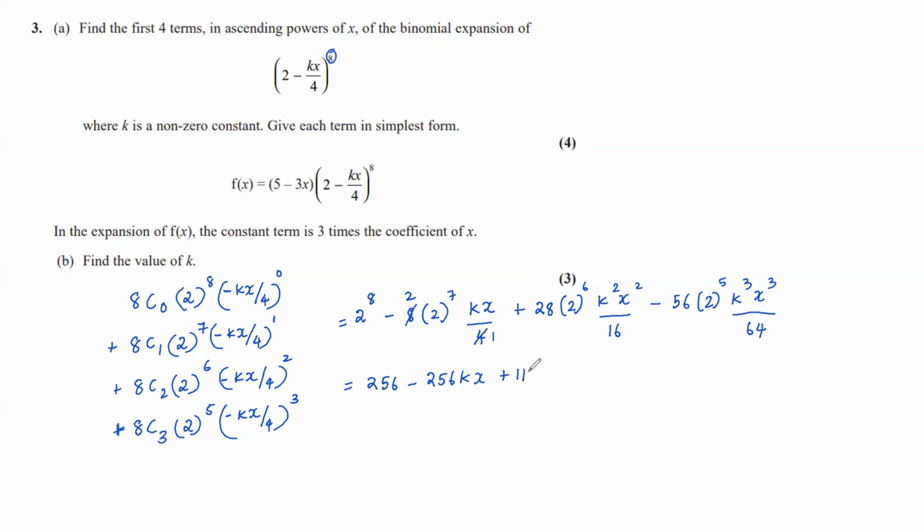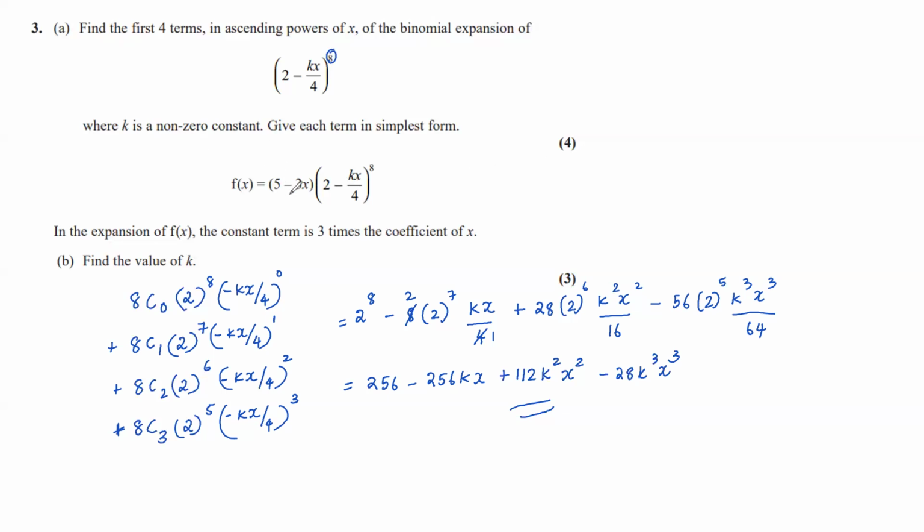So plus 112 k square x square, and finally minus 56 into 2 to the power of 5, the whole thing divided by 64, will give us 28. So minus 28 k cube x cube. This is the answer for the first part and that was for 4 marks.